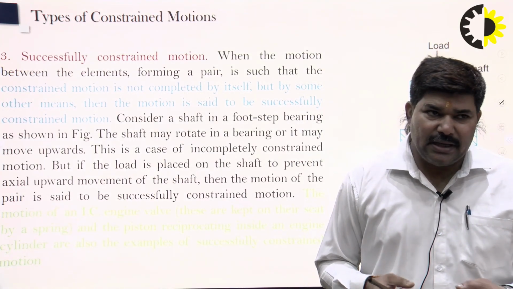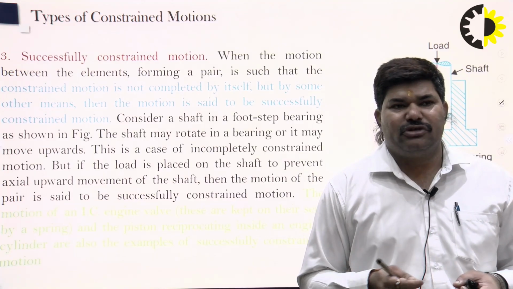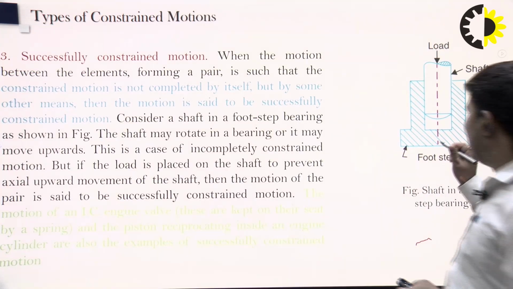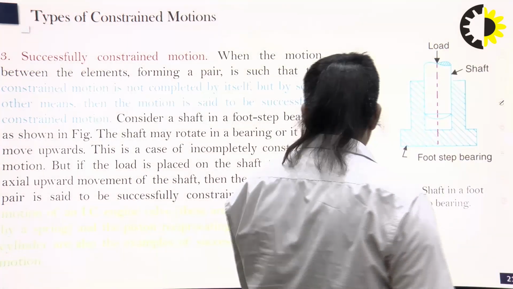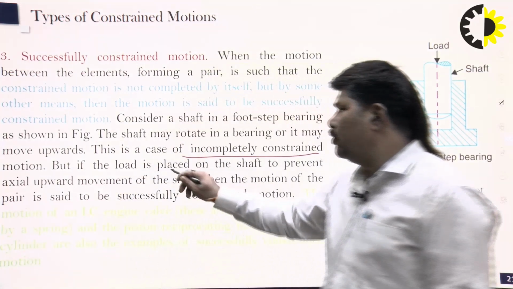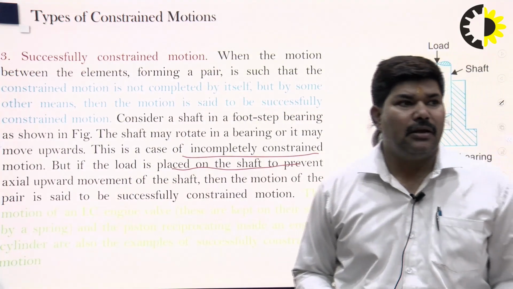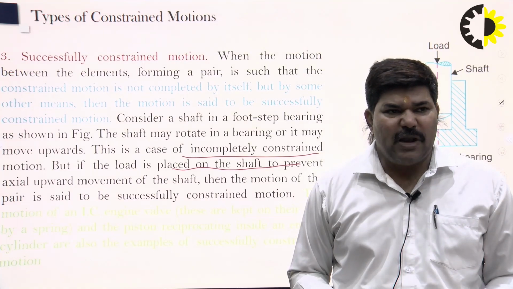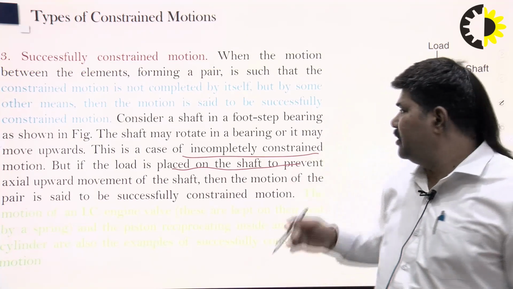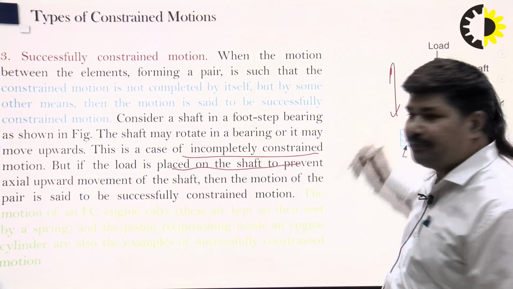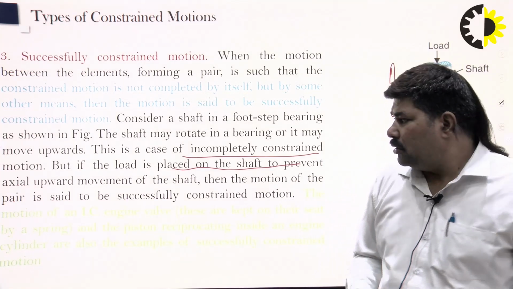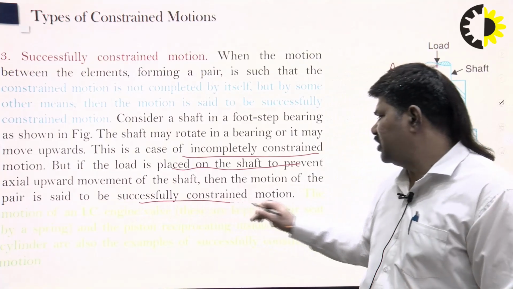Suppose we consider a shaft in a footstep bearing. In this figure, one is the shaft and the load is applied in the footstep bearing. This is a case of incompletely constrained motion. But if the load is placed on the shaft to prevent the axial upward movement in this direction, then the motion of the pair is said to be successfully constrained motion.